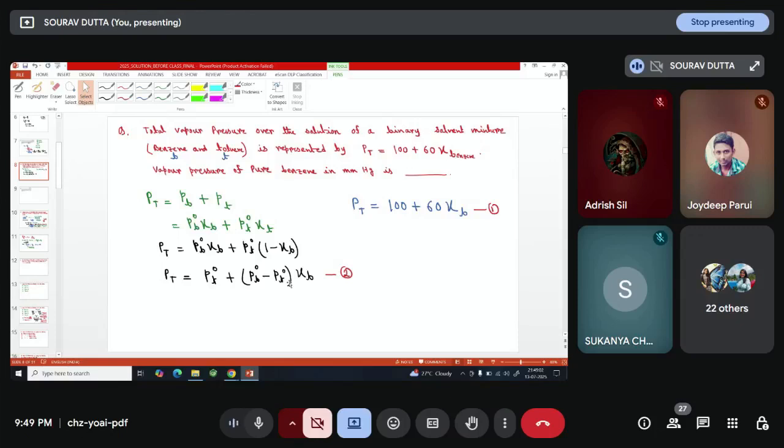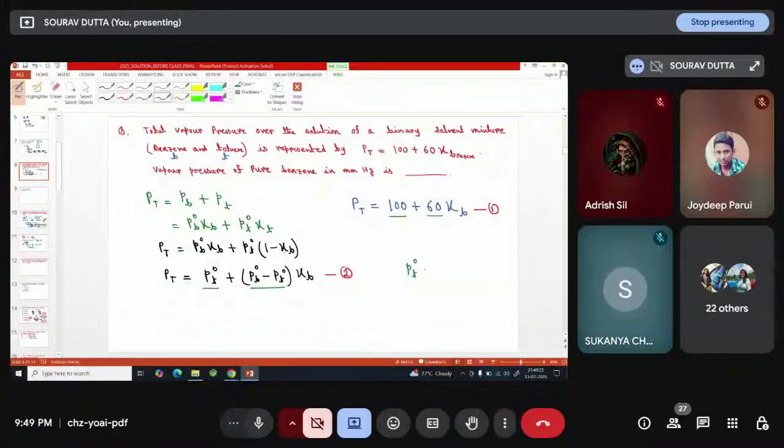Did you understand? Okay sir. Yes. So comparing equation 1 and 2, we can easily say that this is the xb, so PB naught minus PT naught equals 60, and PT naught equals 100.